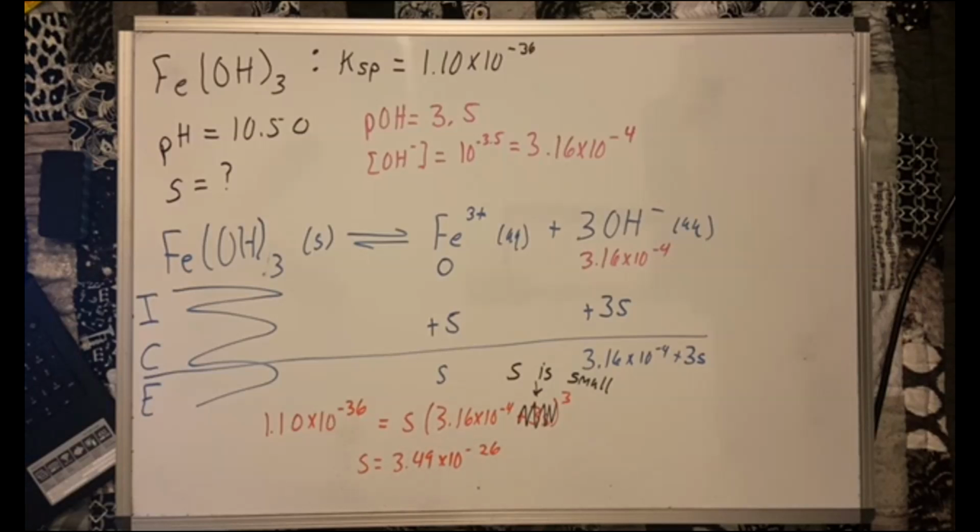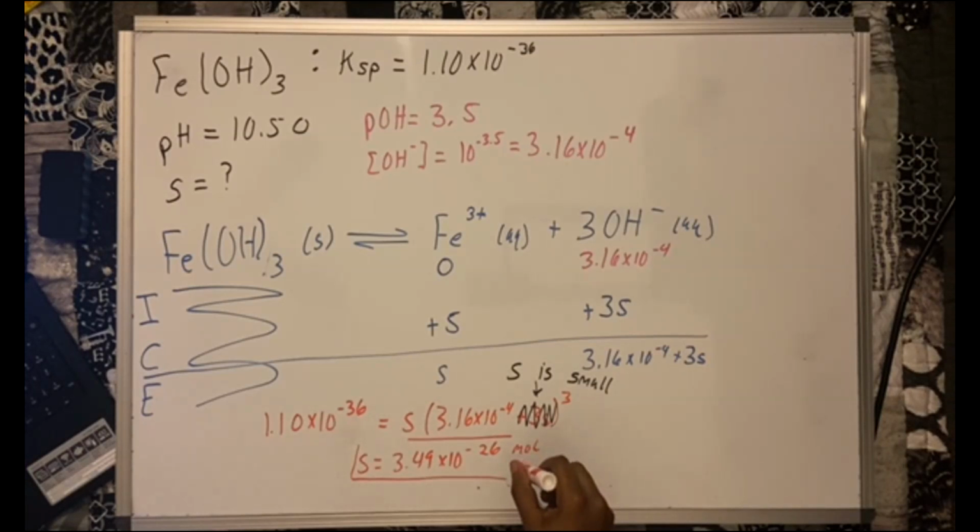Do you still have to cube what's left though? Yes, still cube it. The cube stays. This 3S goes away. That's correct, still cube it. So that's what I got. So this is our molar solubility. Oh, units here are moles per liter.